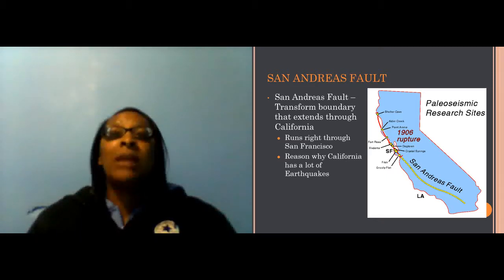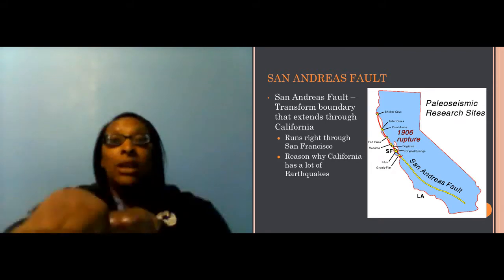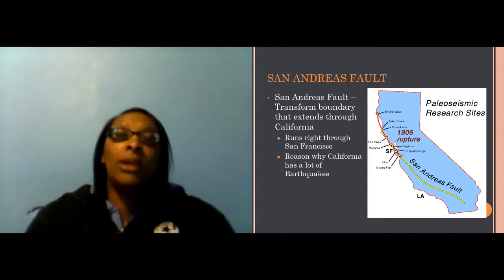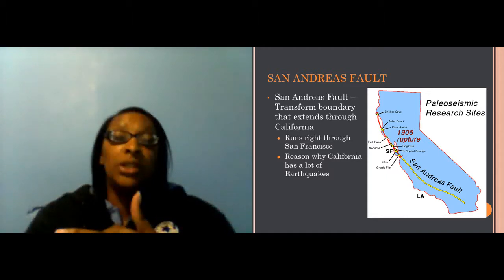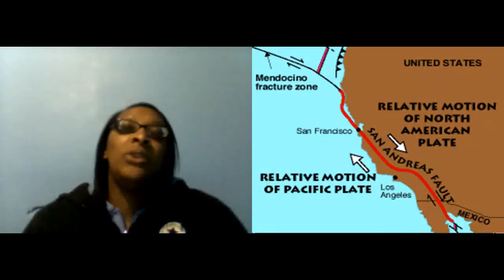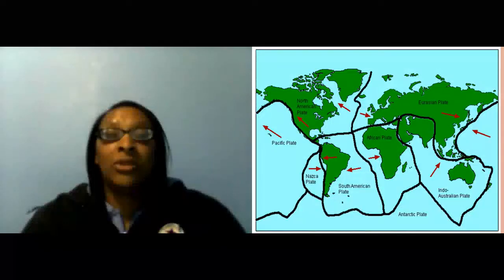It is solely responsible for the earthquakes. So remember, when they slide past each other, remember it says horizontally slide, like the electric slide, you have these earthquakes that are happening. And it's also in the Pacific Ring of Fire, which is known for its earthquakes and volcanoes. So no notes to copy here. You just need to see this is a close-up of the direction of which way those transform boundaries actually go.